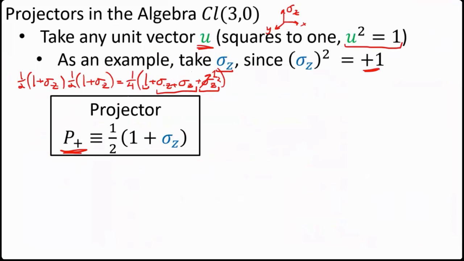That means we can write that as a quarter times (2 + 2 sigma z), and then we can turn that into a half times (1 + sigma z). Before I showed you some matrix projectors; this is a projector where we're not seeing matrices at all, just pure algebraic symbols, but it still works out that this squared gives itself. Are people okay with that?